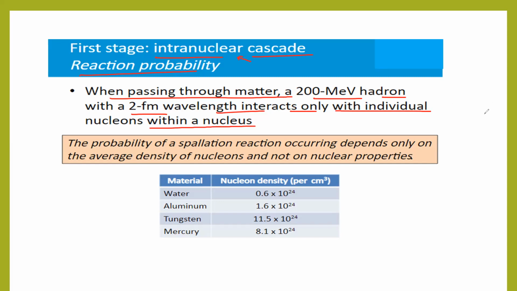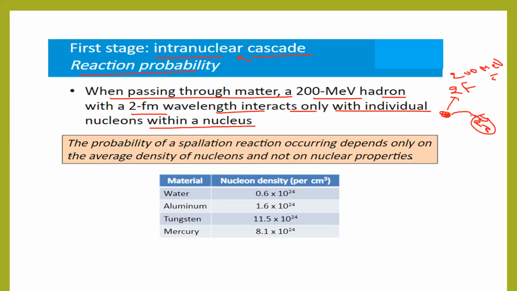Means, for example, this is the nucleus, and this is the proton, and this is the neutron, and suppose this is a heavy nucleus. A high energetic hadron having two Fermi wavelength and 200 mega electron volt energy now attacks not the nucleus, but an individual nucleon, and then subatomic particles are released.